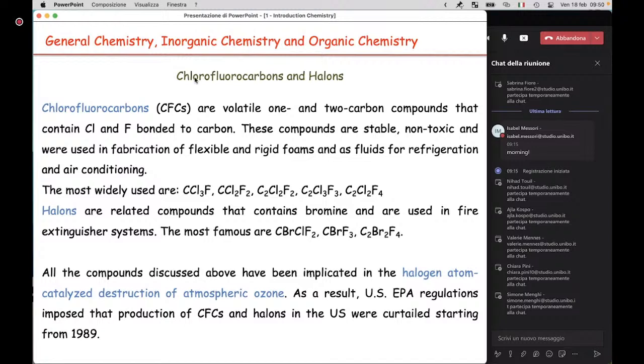Of course, as the name says, they are hydrocarbons containing both chlorine and fluorine.